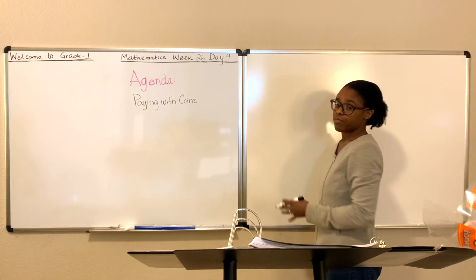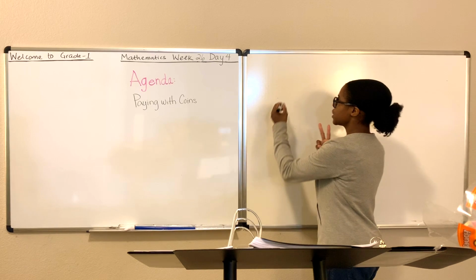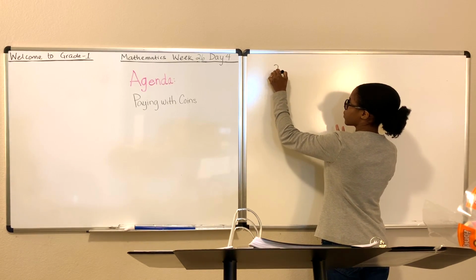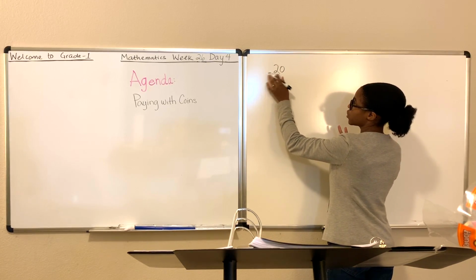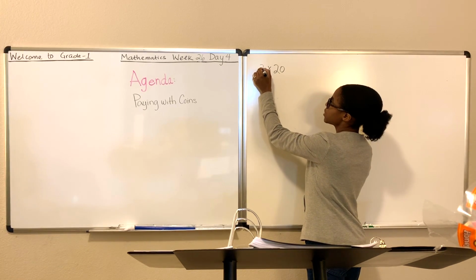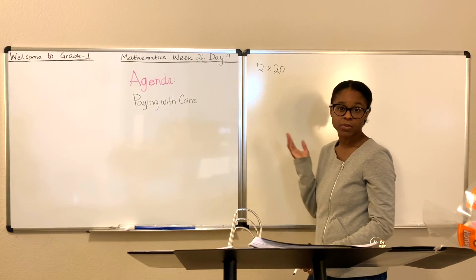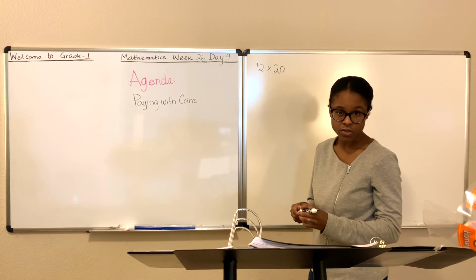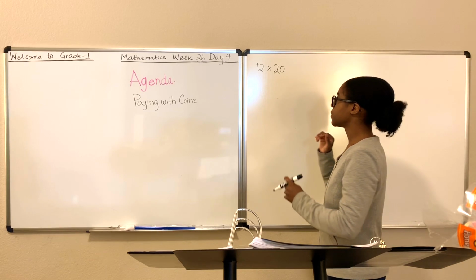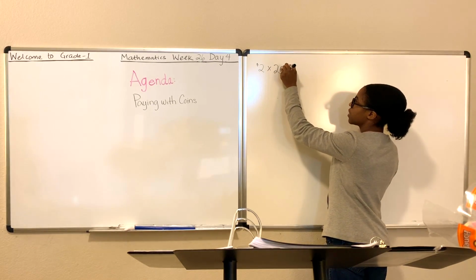But the price of the bread is not $1. The price of the bread is $2. So we still know that it requires 20 nickels for $1. But since the bread is $2, we're going to multiply the same number of coins, 20 nickels, by 2, because the price of the bread is $2.